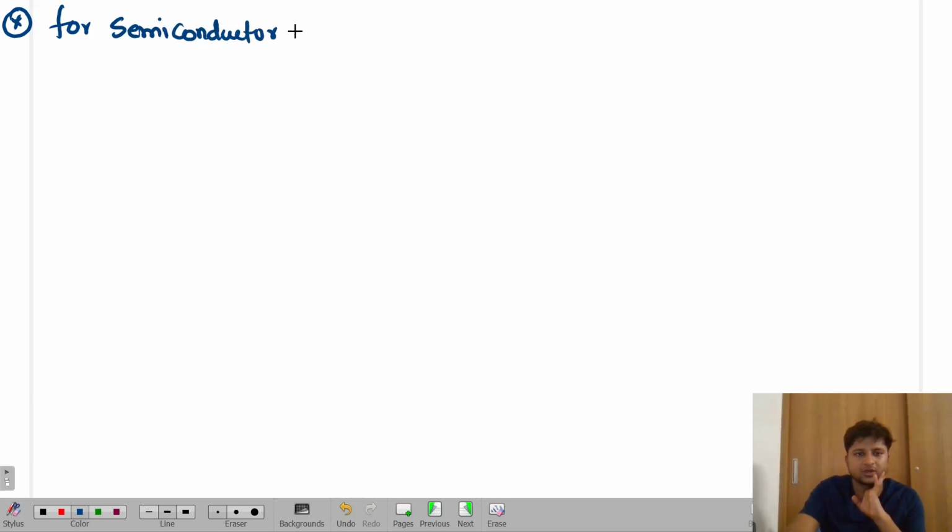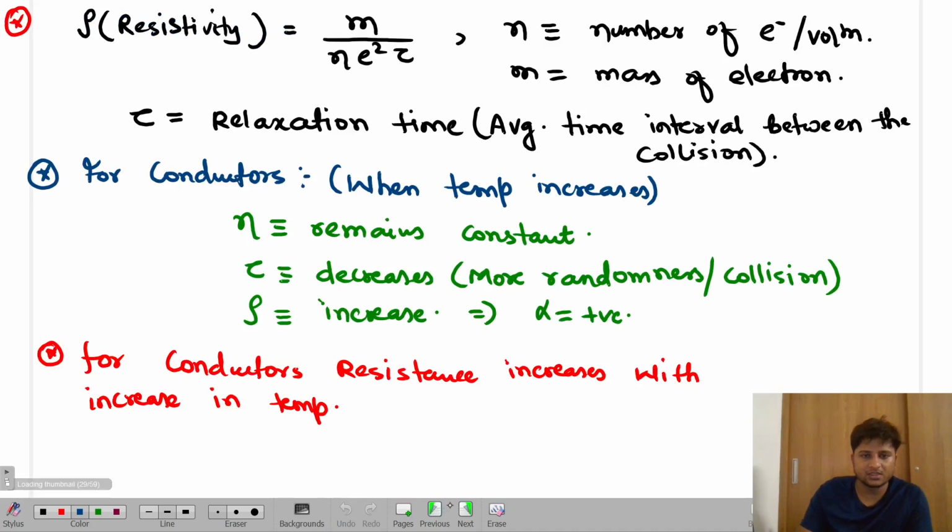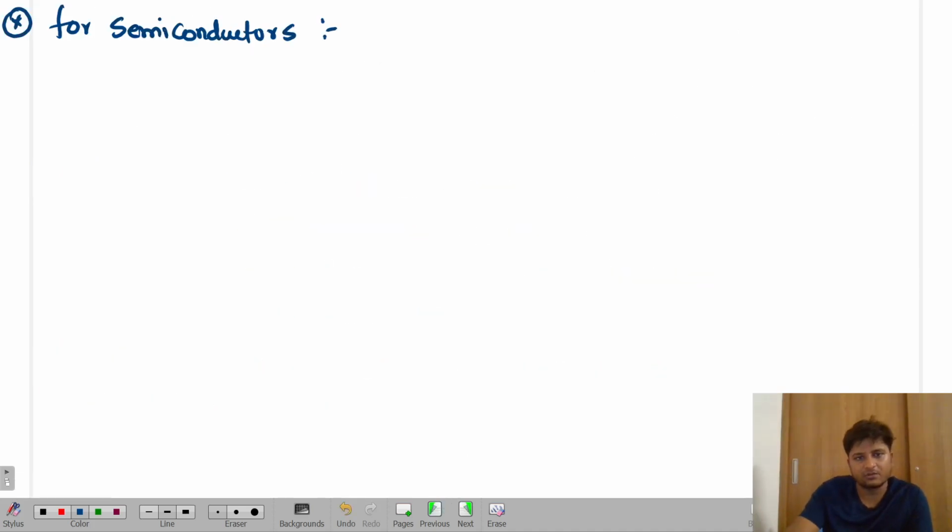For semiconductors or insulators. Hold on. So when I consider semiconductors and my temperature increases, what happens basically? Simple things will happen. First thing, the number of free electrons will increase or not.